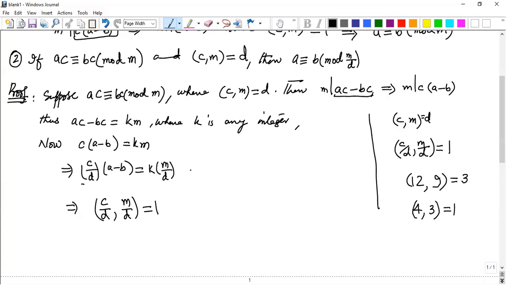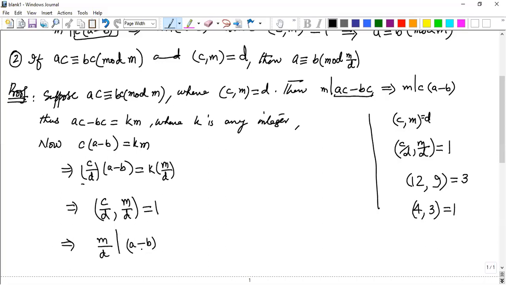And if we write this in congruent form, M by D divides A minus B, because M by D times an integer is equal to C by D times A minus B, and the GCD of C by D and M by D is 1.